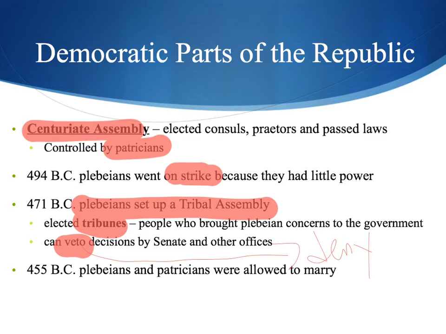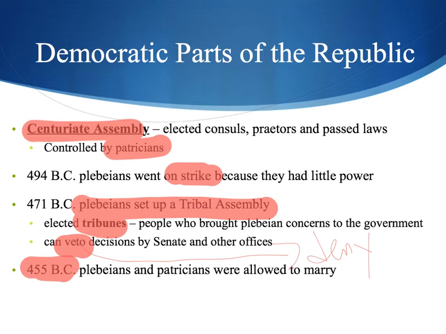And finally, in 455 BC, the Roman Republic allowed plebeians and patricians to marry. Your class division was based on what class your father or the male was part of. So if you're a plebeian female and you married a patrician male, then you would be part of the patrician class.